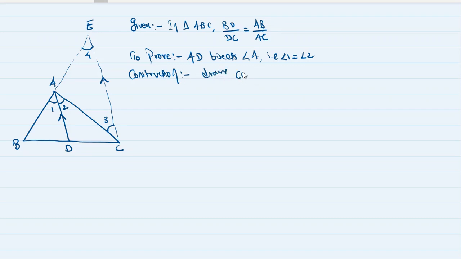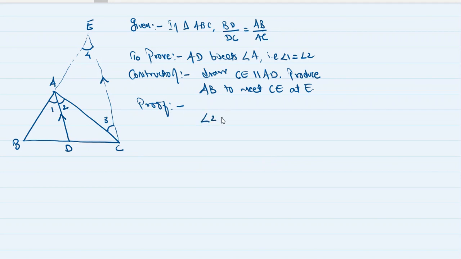Draw CE parallel to AD, and produce AB to meet CE at E. Okay, we have produced AB up to E. Now we are ready for the proof.